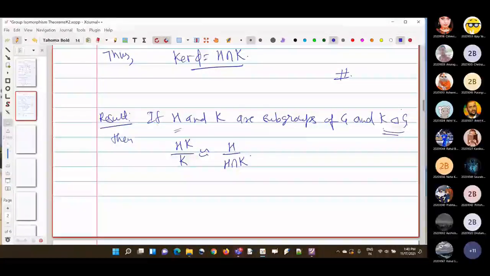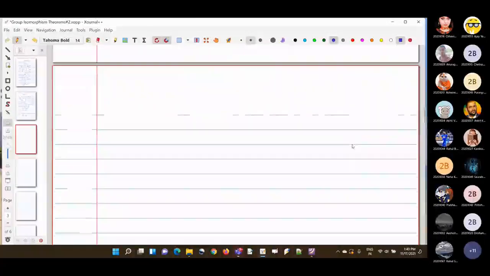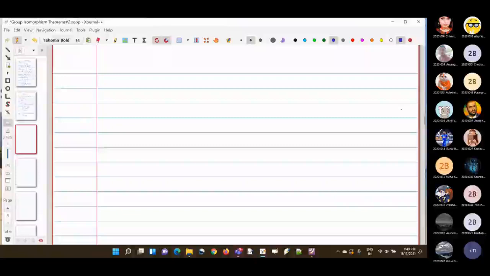There is another result which is called the third theorem of isomorphism.